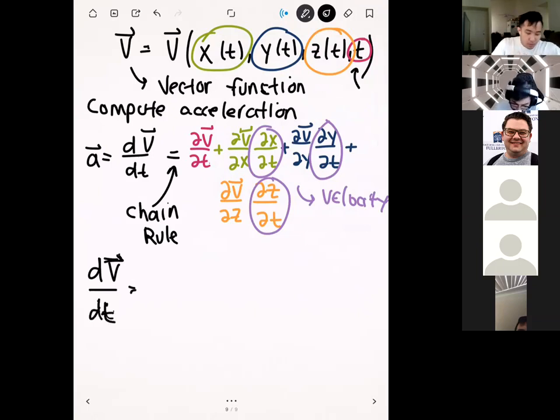And so our material derivative has 4 different terms. First we have the term with respect to time. Next we have this next term. And so dx/dt, remember we're going to replace that with the x component of velocity, which is u. And that's going to be multiplied by dv/dx.